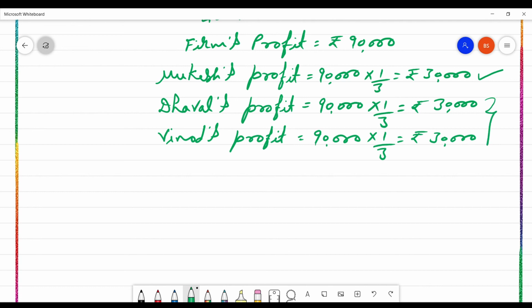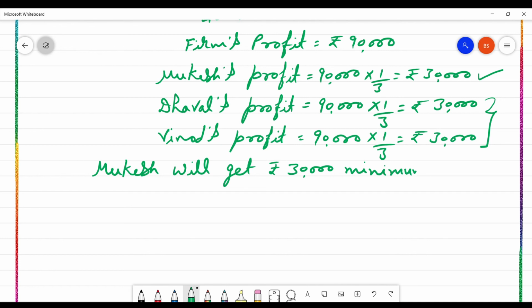This type of guarantee or assurance will be given by Dhaval and Vinod. So we will write here: Mukesh will get rupees 30,000 minimum from the profit.